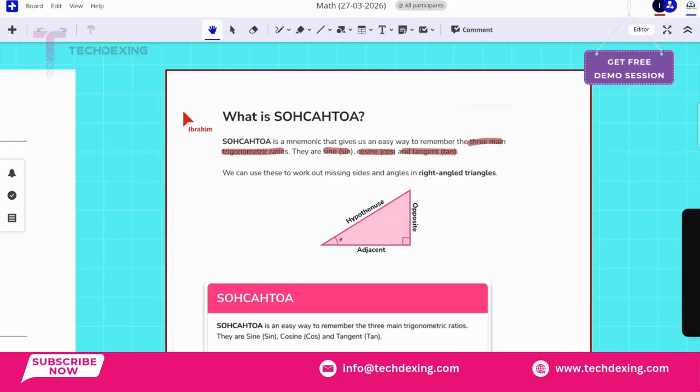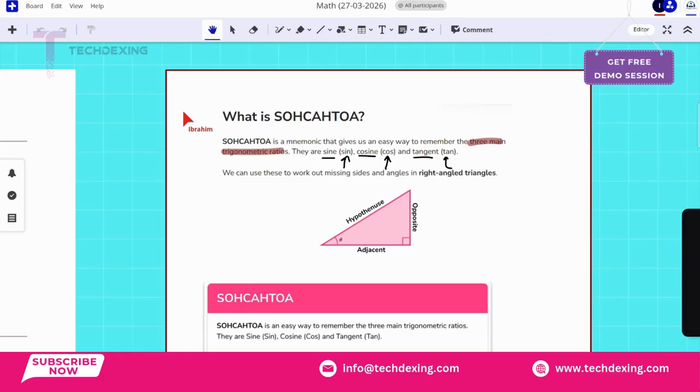Their short names are written in front. The complete name is sine, and in short form we write sin. Similarly, cosine is written as cos. And the last one is tangent, which we use as tan.